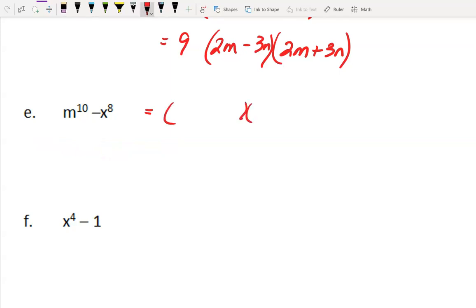So it is a perfect square. M to the 5, m to the 5. Minus x to the 4, plus x to the 4. And again, just so you're aware, this plus or minus, I could reverse those, right? I could go negative here or I could go plus here. Doesn't matter, as long as they're alternating.